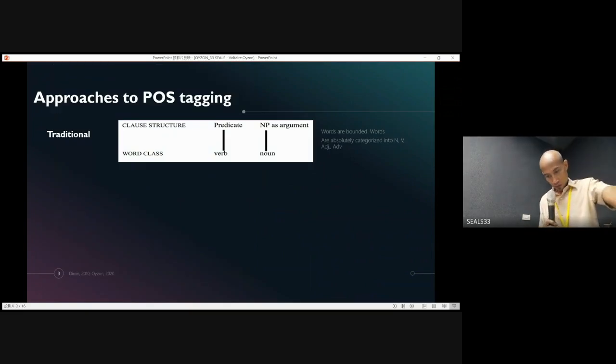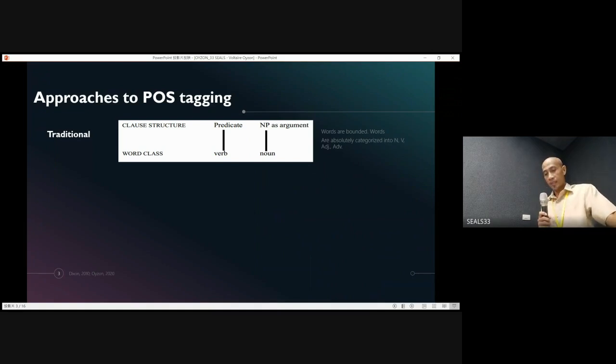In the Philippines, especially in schools, we usually use English as the basis for analyzing Philippine languages. For example, if the word house is a noun in English, we consider balay, or house, in Waray as a noun. It follows what Dixon calls canonical scheme 1, where words are bounded.